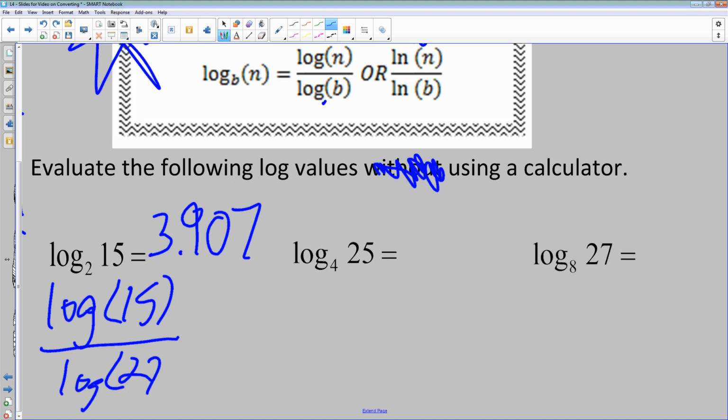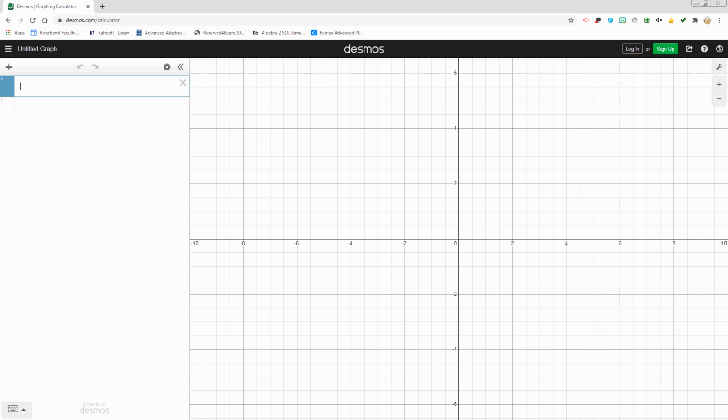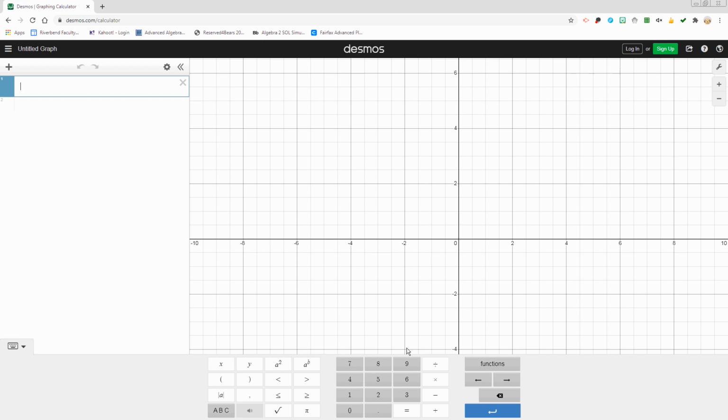Now, the other thing that we can do is use Desmos. Desmos is free. If you go to the Desmos app or just to Desmos and hit start graphing, this will come up. If you click functions on your keyboard and go over to miscellaneous, you have log as an option.